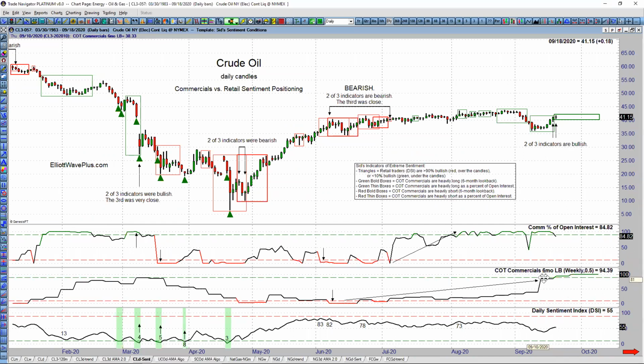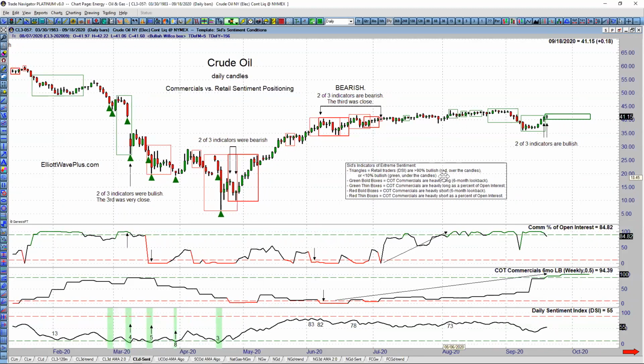sentiment. We have commercials on a 6-month look back all of a sudden heavily long. We also had the commercials as a percent of open interest heavily long going into that. So we really have the commercials positioned fairly bullishly here.